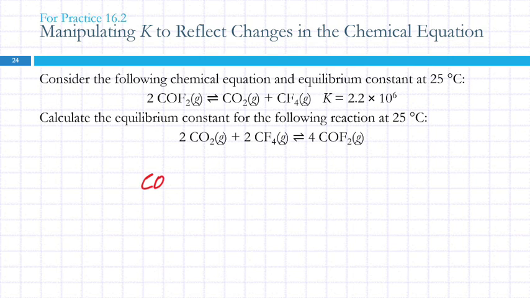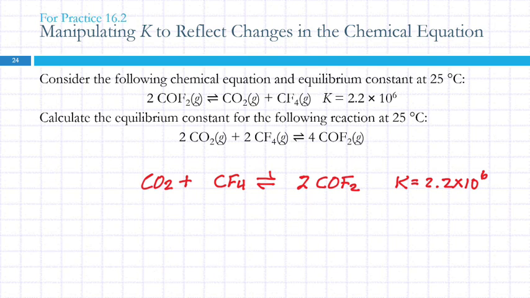So just reversing it, we've got CO2 plus CF4 in equilibrium with 2 COF2. K equals 2.2 times 10 to the 6th before we reversed it. Now what needs to happen? This was the original.